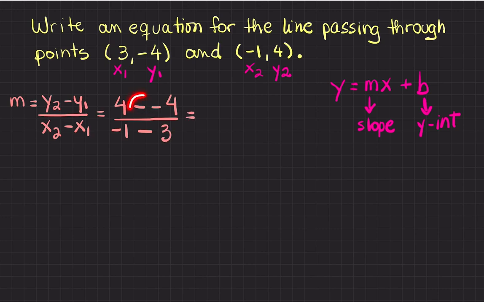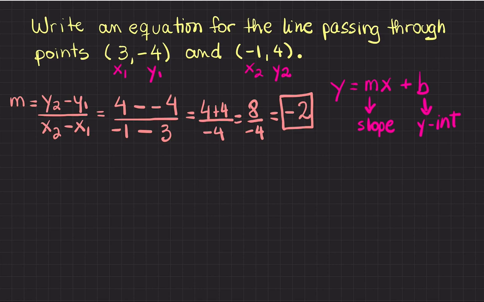On top I have these 2 negatives in a row, and 2 negatives in a row is a positive, so I have 4 plus 4, divided by -1 minus 3, which is -4. 4 plus 4 is 8, divided by -4, and 8 divided by -4 is -2. So this is my slope, -2.